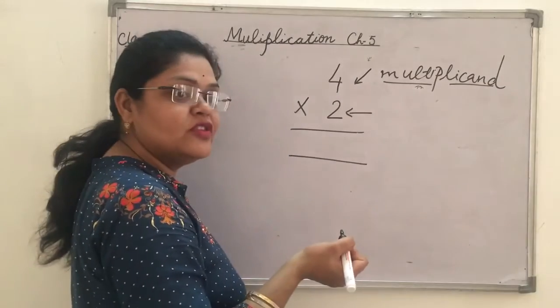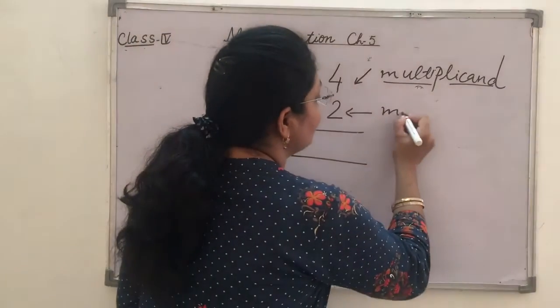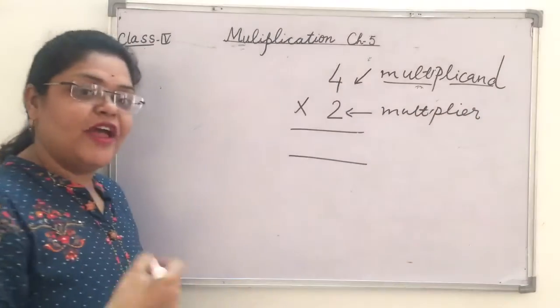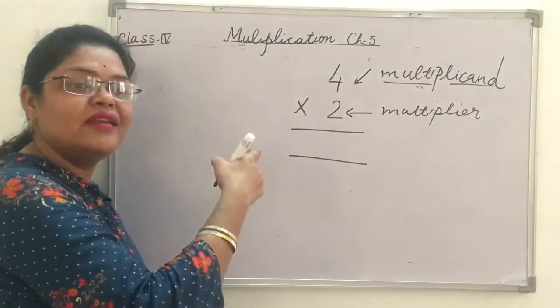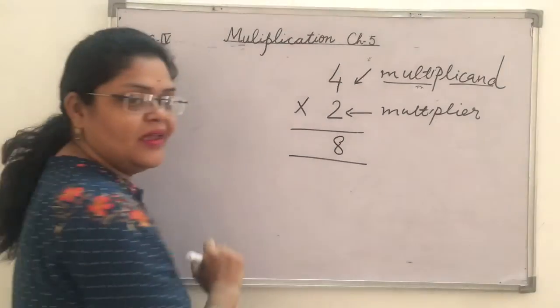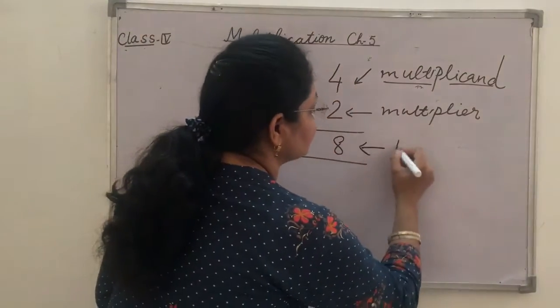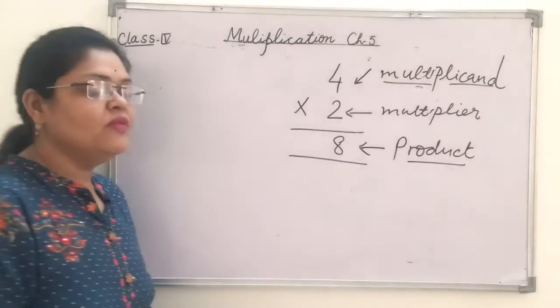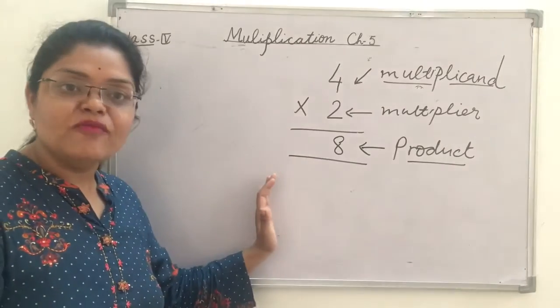We are multiplying with 2. And when you multiply, 2 4s are 8. So this 8 is called the product.